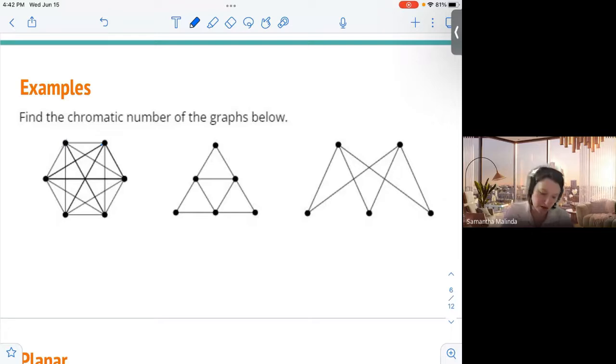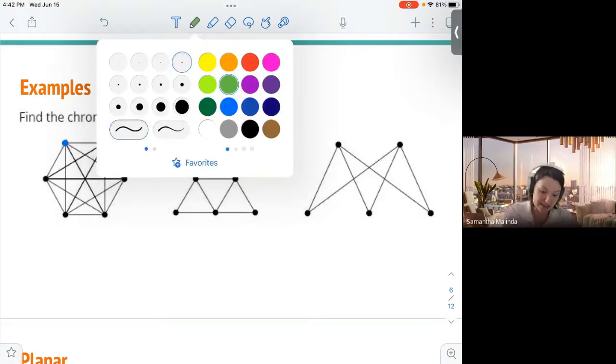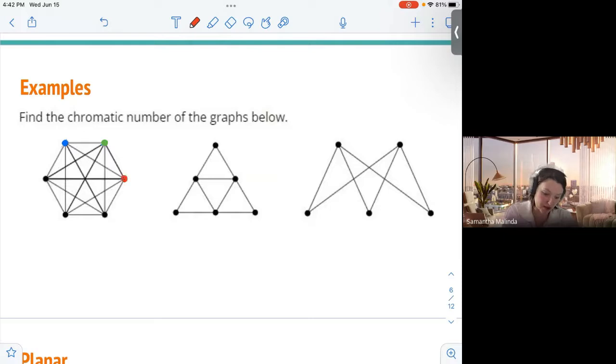The answer is no. Because they're all connected, they all have to have different colors. And honestly, that is the smallest chromatic number that you can find because they're all connected. This might seem like a lot of colors, but that's how it goes because no matter what, we did not repeat any. So our chromatic number, we would say, is 6.